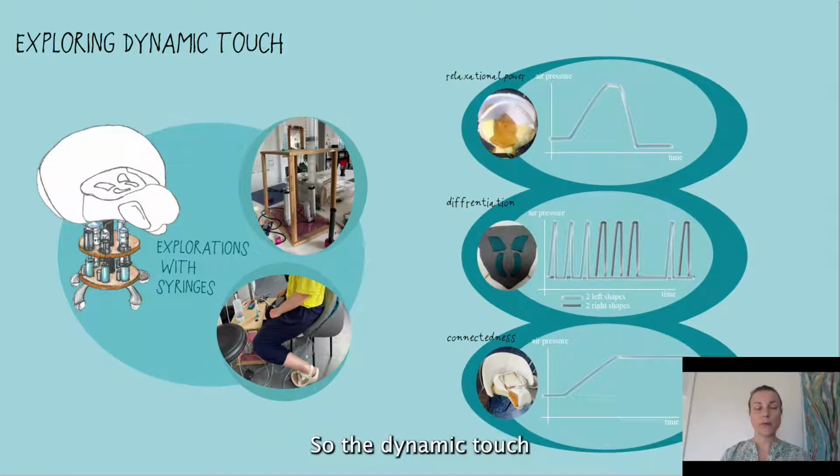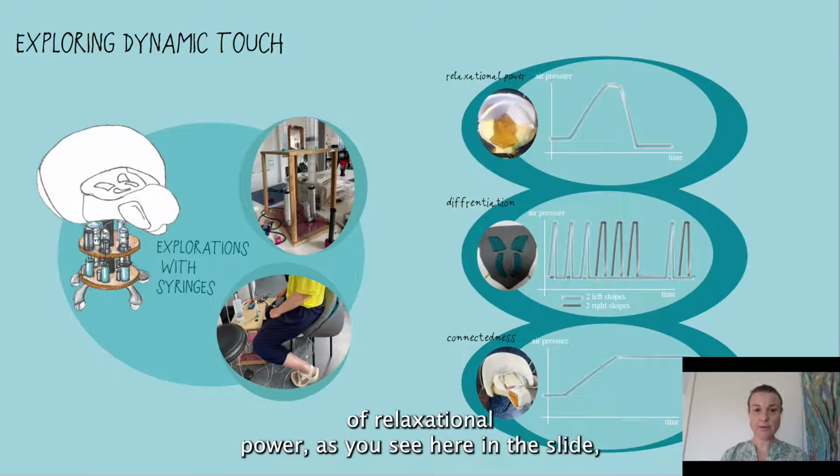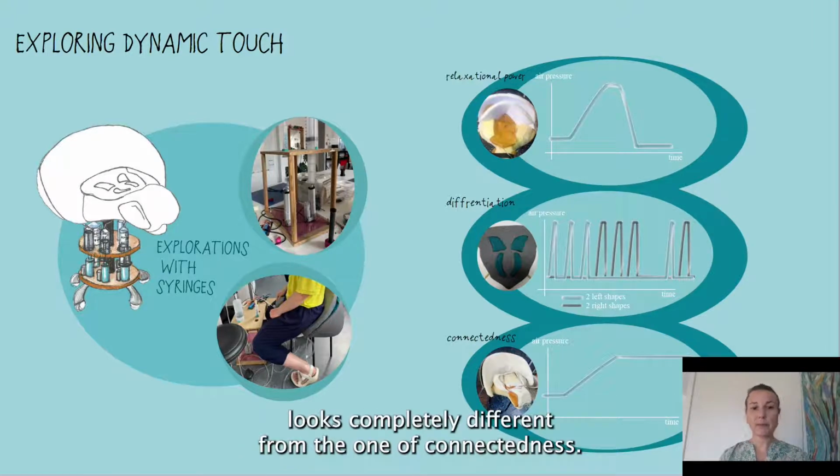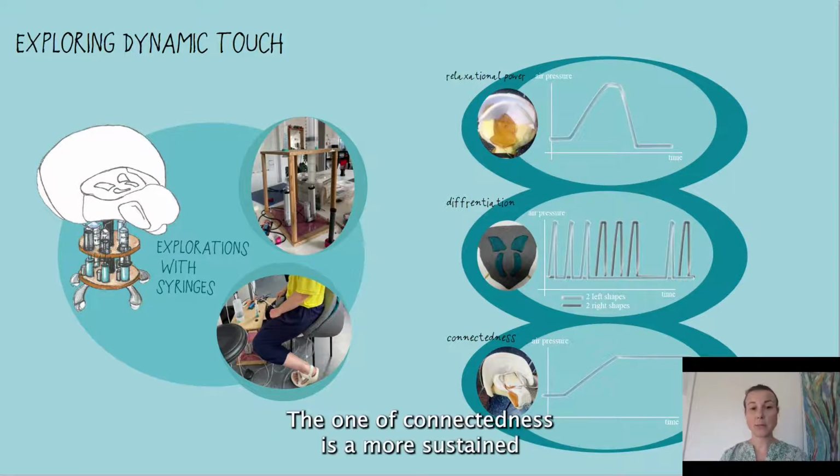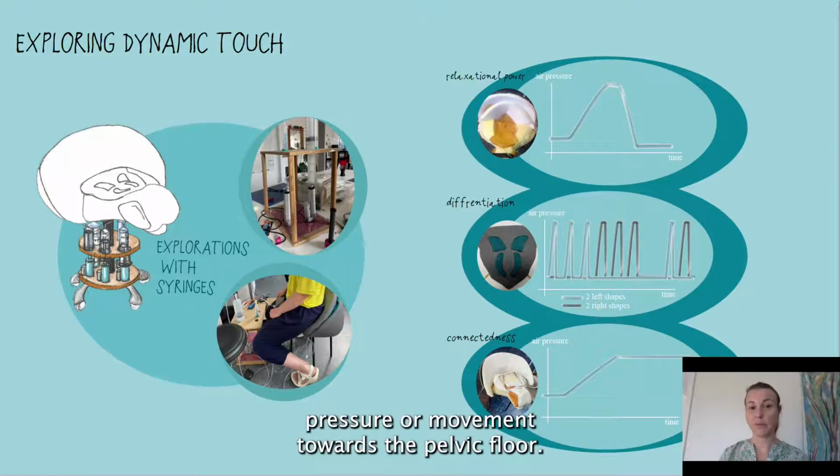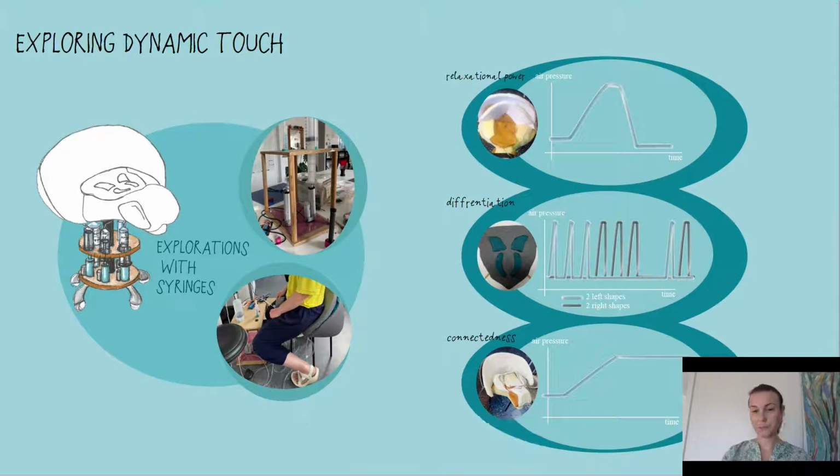So, the dynamic touch of relaxational power, as you see here in the slide, looks completely different from the one of connectedness. The one of connectedness is a more sustained pressure or movement towards the pelvic floor.